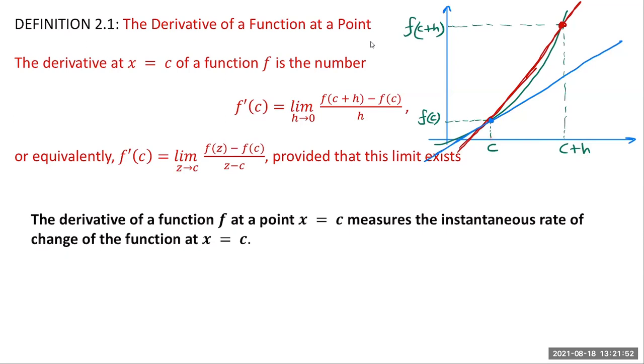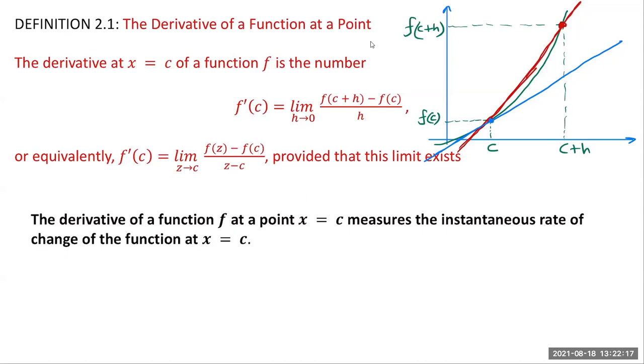For example, if you choose your h to be smaller than this h, your c plus h would be somewhere here. In that case, your secant line would be this line. As you can see, the slope of this newly drawn secant line is closer to the slope of the blue line than the previous secant line. So that's the idea.